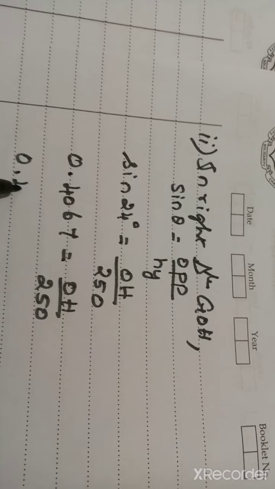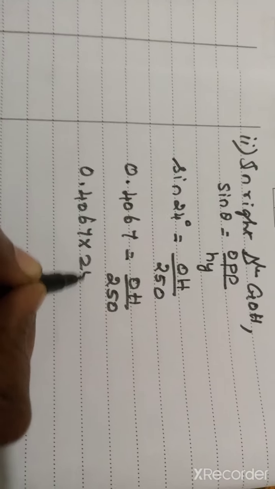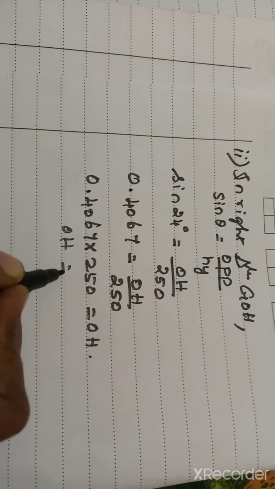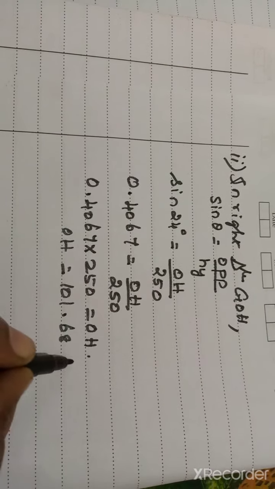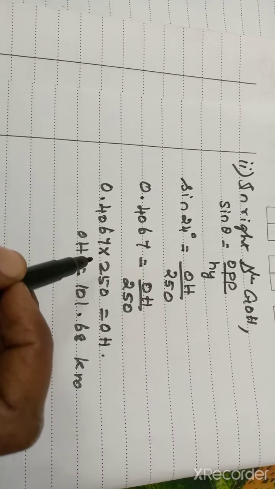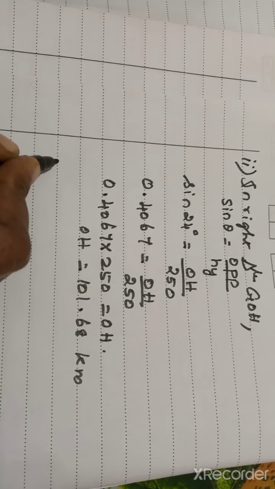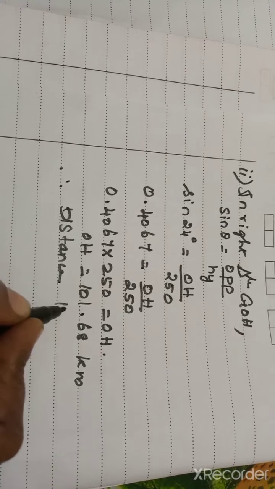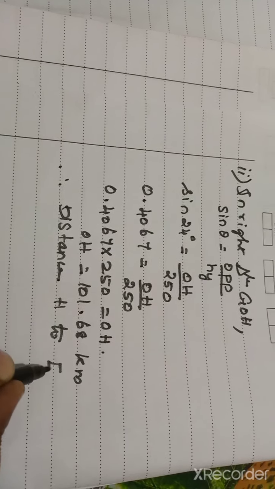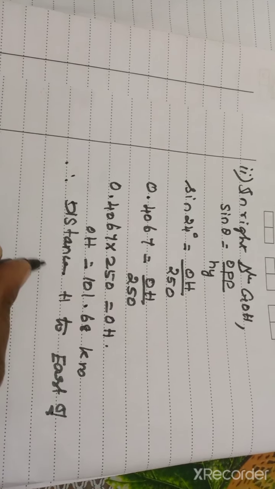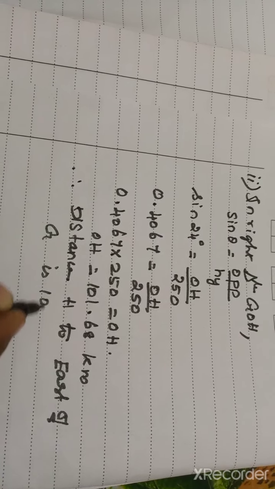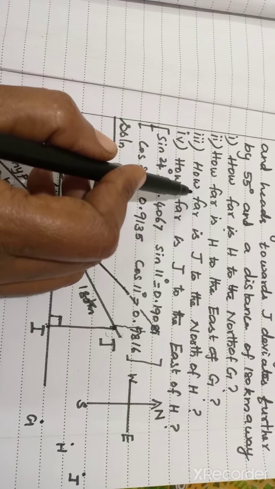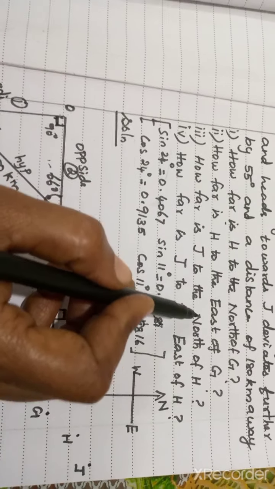That is 0.4067 into 250 equal to OH. Okay, multiply. So OH equal to 101.68 kilometer. Leave the decimal and multiply and write. Therefore we can write distance of height to east of G is 101.68 kilometer.